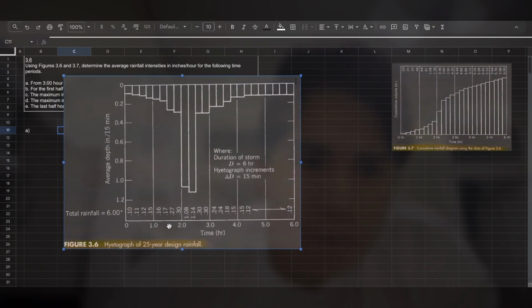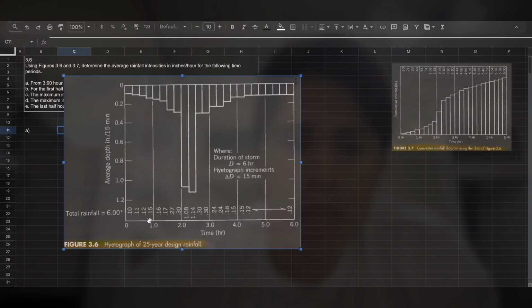So this graph shows us time and the average depth, so the precipitation depth. What it's saying here is that in the first 15 minutes, there was 0.1 inches of precipitation of rain that fell. In the second 15 minutes, 0.11.